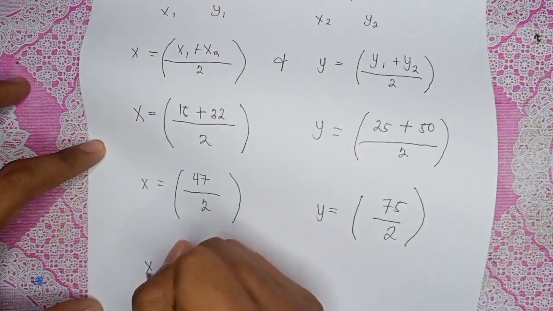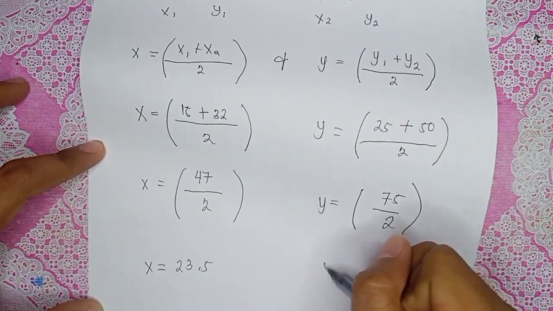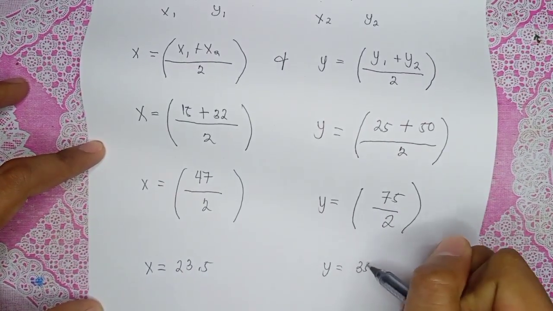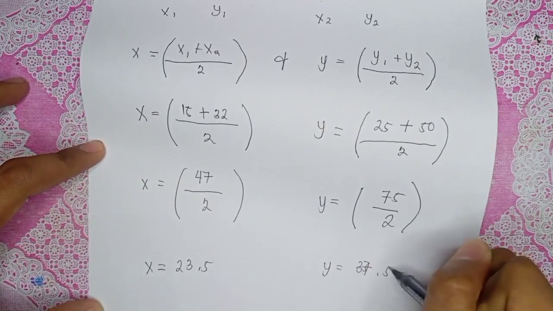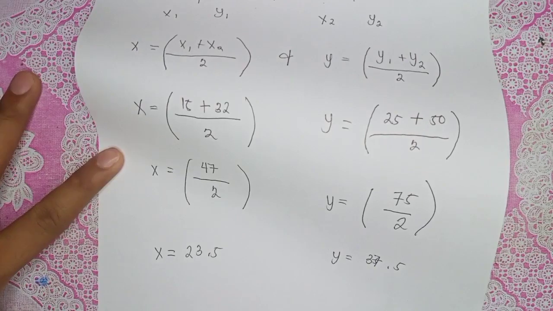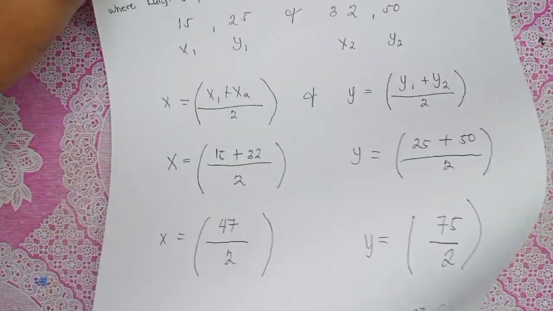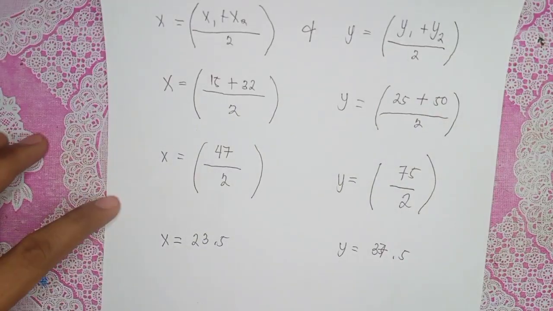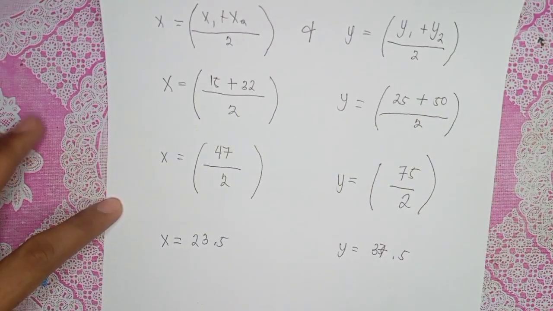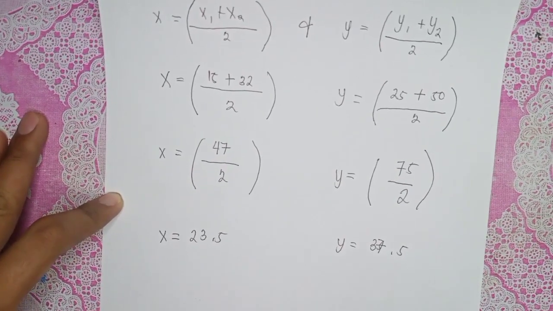Then our x will be 23.5 and our y will be 37.5. Therefore, the coordinates where Luigi stops to talk to a lady are 23.5 and 37.5.